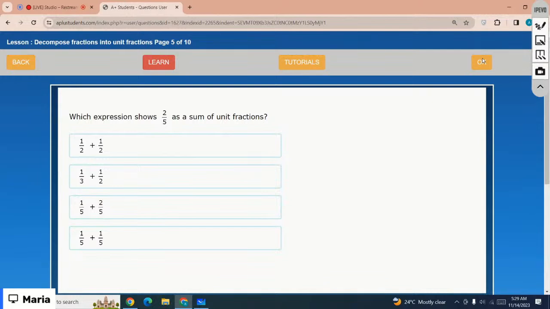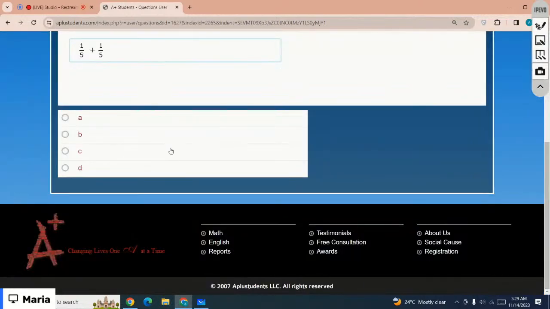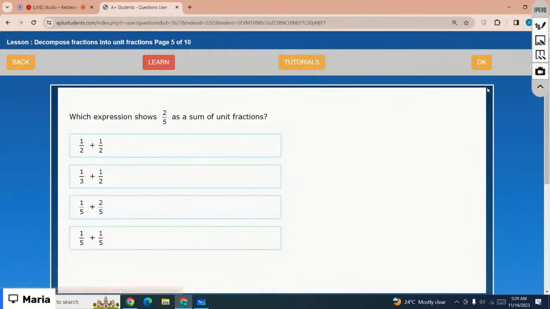Very good. The correct option is the last one, 1 by 5 plus 1 by 5. D is the correct option. Got it?